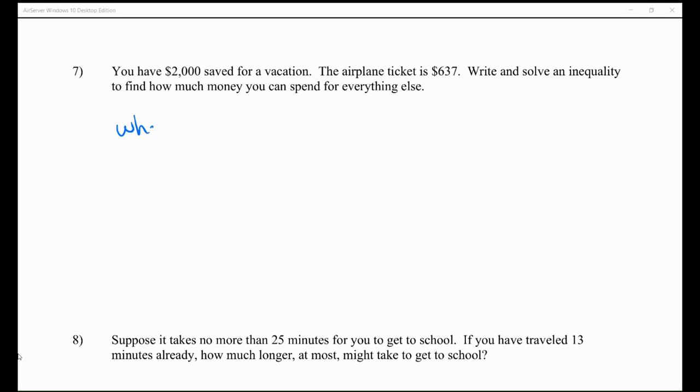What you spend versus what you have. What you spend has to be less than or equal to what you have, right? You can spend less money than you have, or you can spend all of your money, which is why it's less than or equal to.